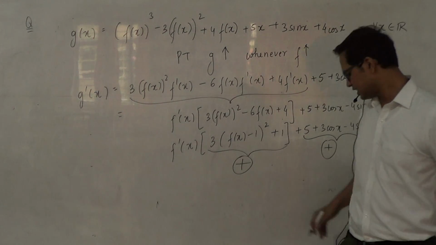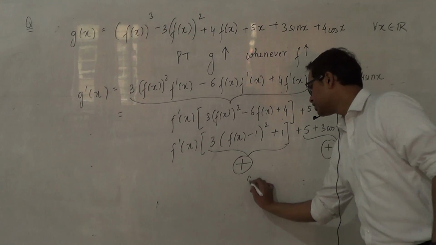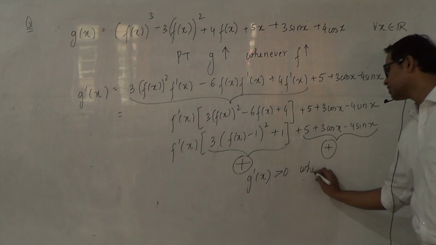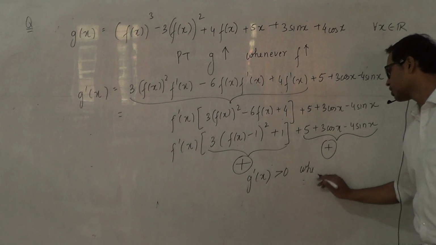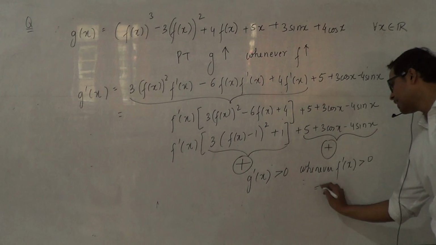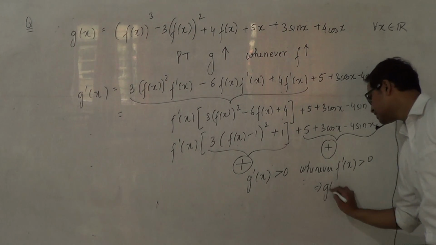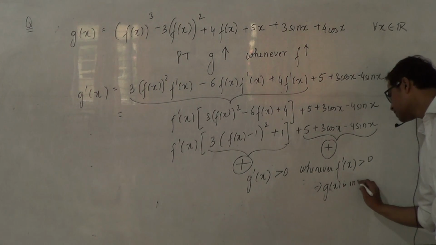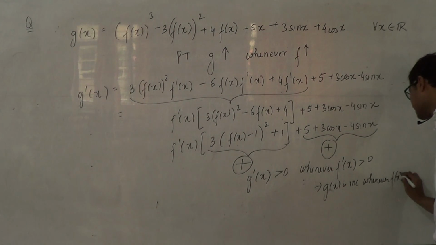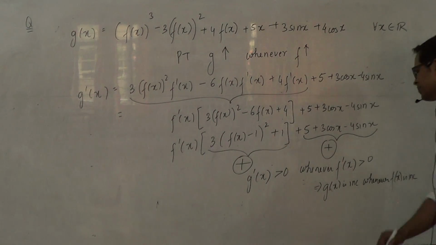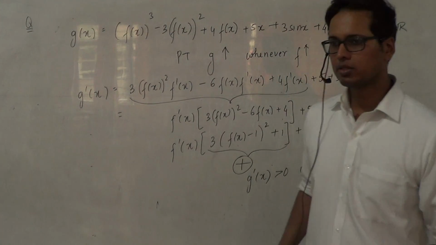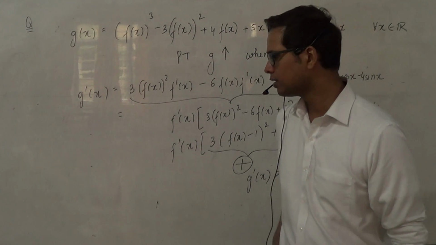So your g dash x would be positive whenever f dash x is positive, which implies g of x is increasing whenever f of x is increasing. Is that okay? Fine.